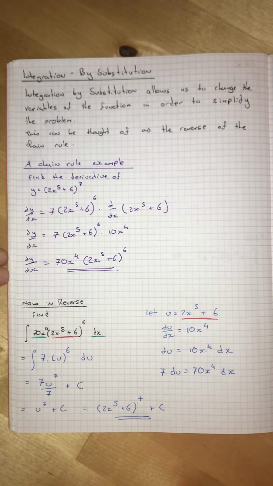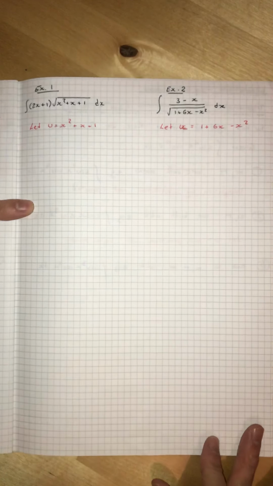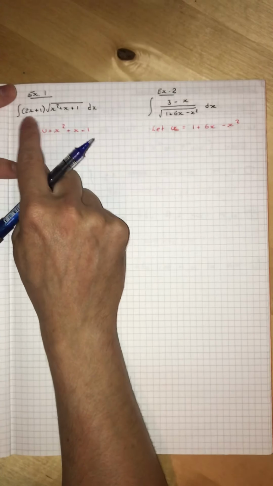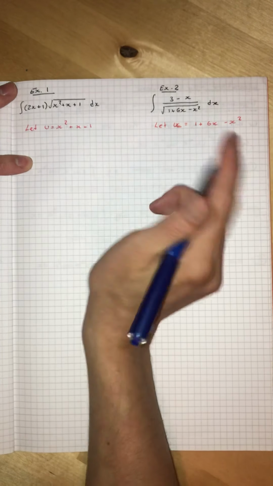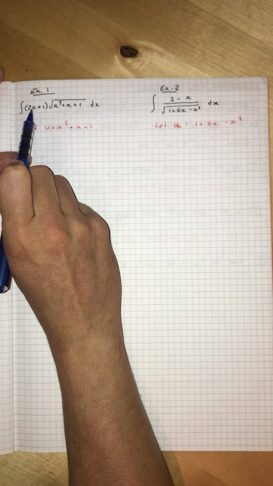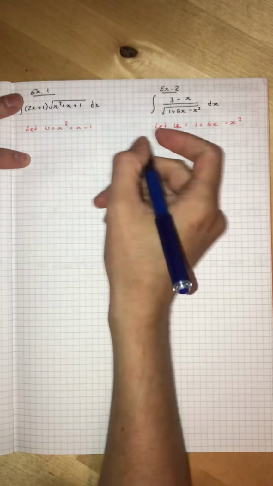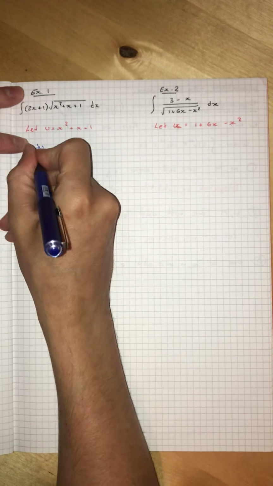So let's do two more. In this first one, the integral of 2x + 1 times the square root of x^2 + x + 1. What you can hopefully see is that x^2 + x + 1 differentiates to be very similar to 2x + 1. So if we let u equal x^2 + x + 1, the first step would be to differentiate that.